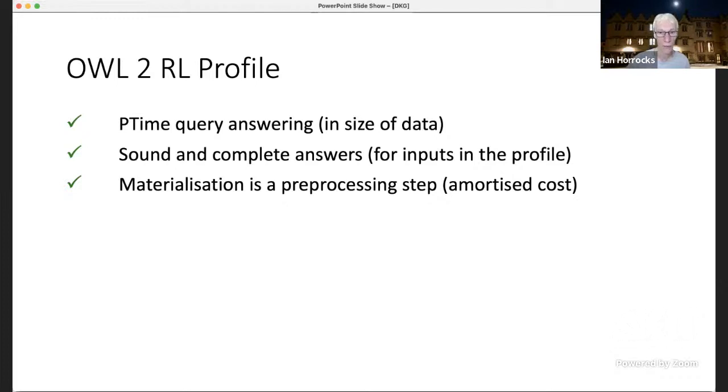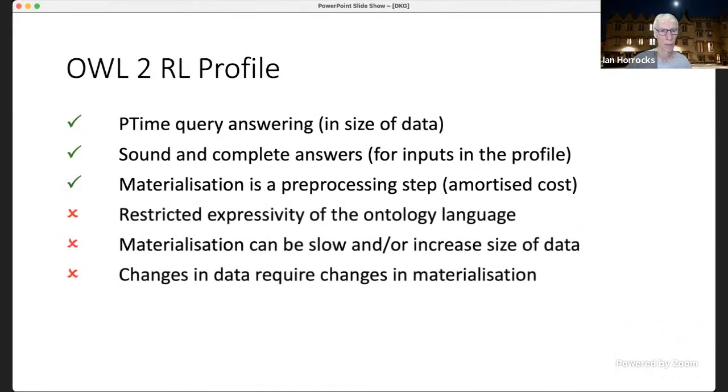So I do that once, and the cost of that could be quite high, but it's sort of amortized over my queries. So if I'm going to answer a bunch of queries, I can answer all of them really fast. And this sort of pre-processing cost doesn't look so bad. Yeah, the bad side is I still need to restrict the expressivity, but not nearly as much as for QL.